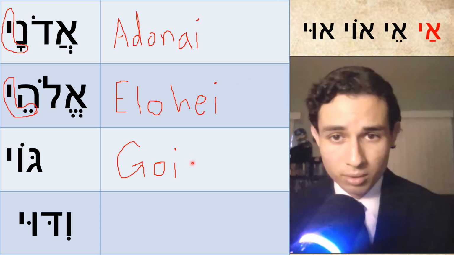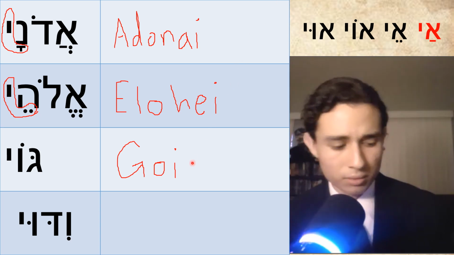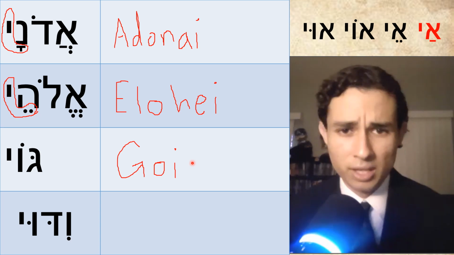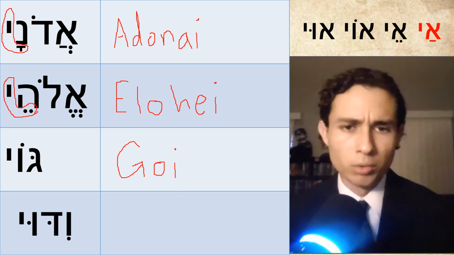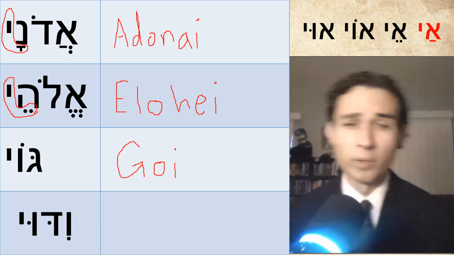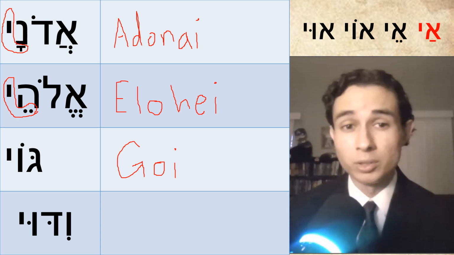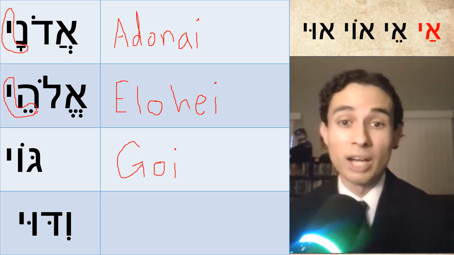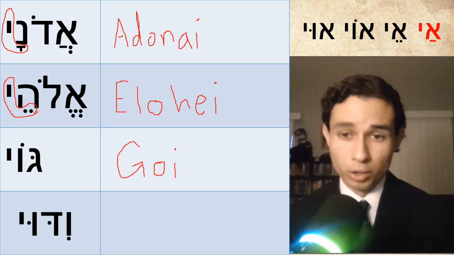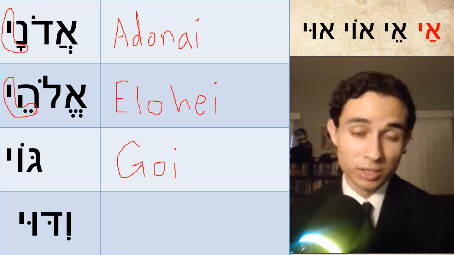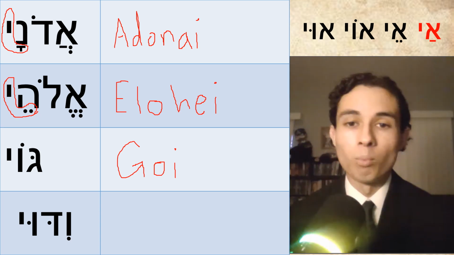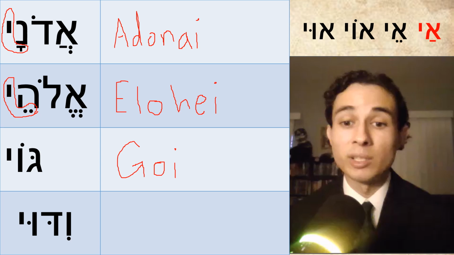So goy is Gentile, or in reference to someone of the nations. One note I will make about the word goy is that this is actually the one word that I've seen that is popularly transliterated with a Y instead of an I, which goes to show you that transliteration is not the important factor, but rather whatever helps us get to the same pronunciation.